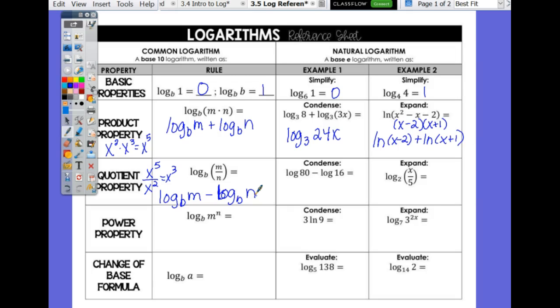If I want to condense, that means I change the subtraction to division. Condense means you only want one log, right? So I'm going to take 80 over 16, but 80 over 16 is 5, so I get log of 5. If I want to expand, what do I change the division to? Subtraction. So I'm going to take log base 2 of x minus log base 2 of 5.